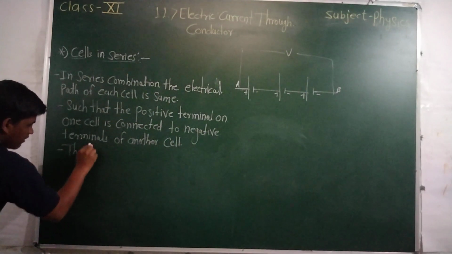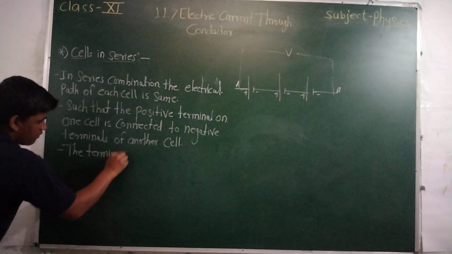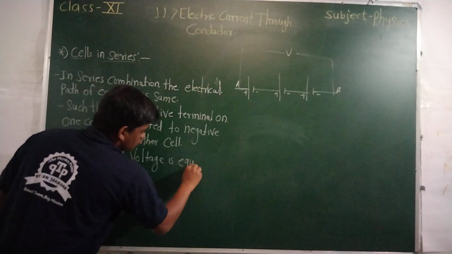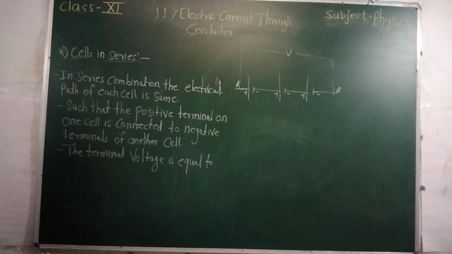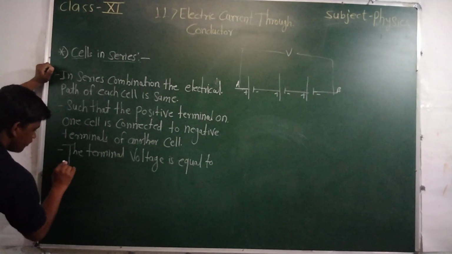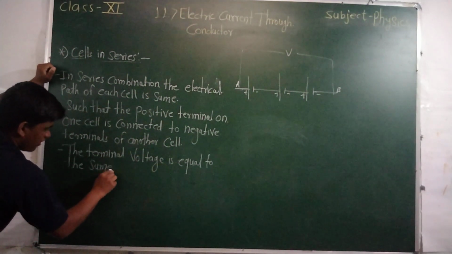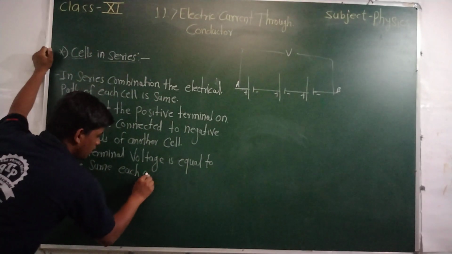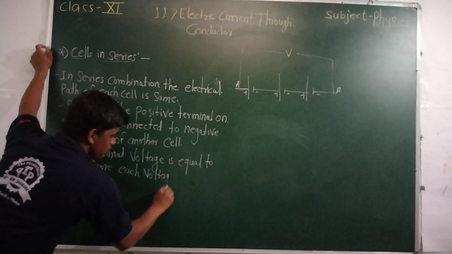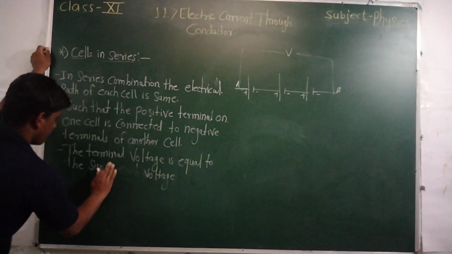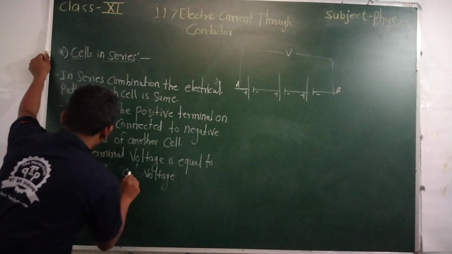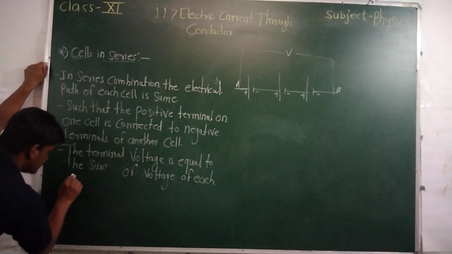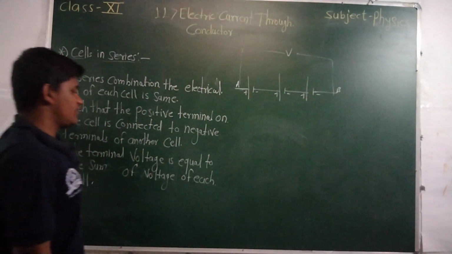Then the terminal voltage is equal to the sum of the voltage of each cell when they are connected in series combination.